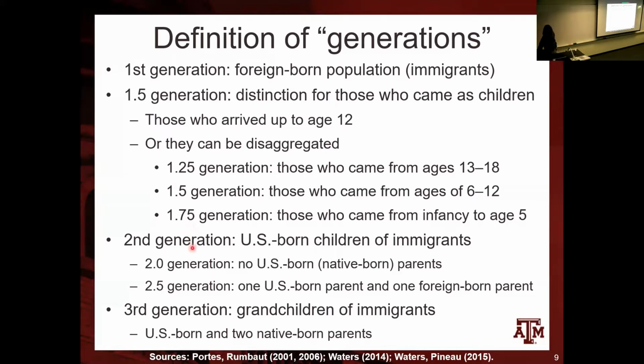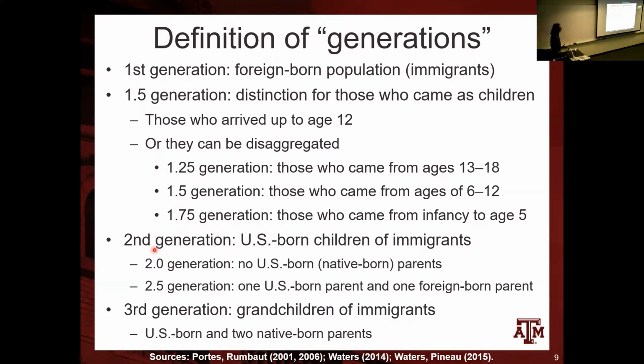The second generation were born in the US, but their parents were born outside. But the experience of these children who were born in the US with parents born outside, compared to the experience of the 1.75th, might be really similar, compared to the situation of the 1.25th and the first generation, right?